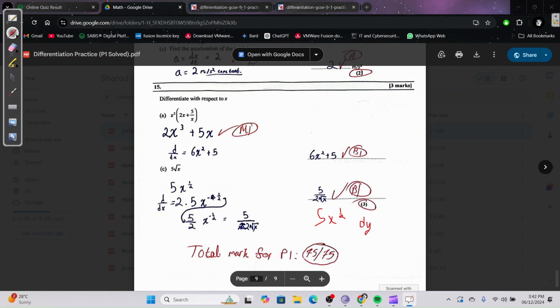Dy by dx is equal to half of this. So it's going to be 5 over 2, or 2.5, x to the power of negative 1 over 2.